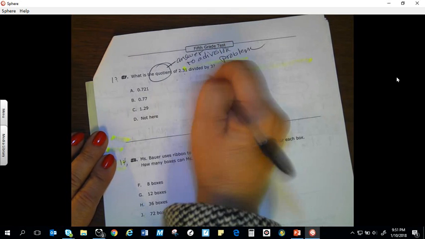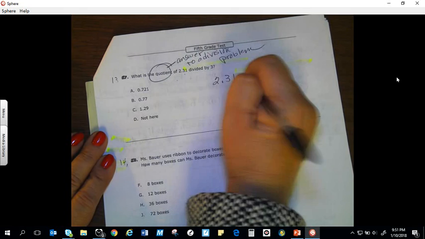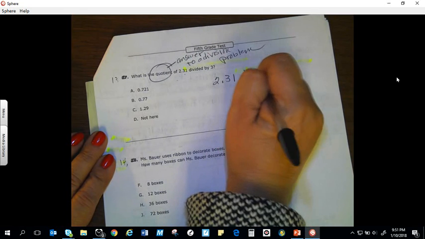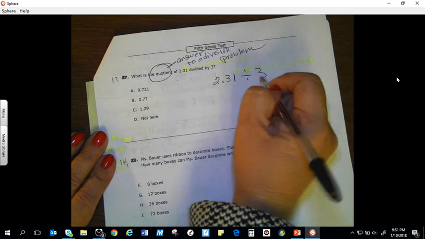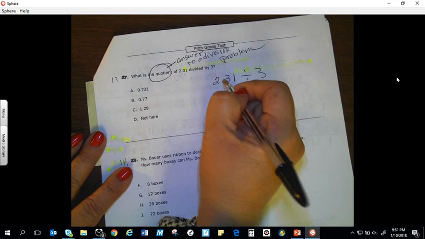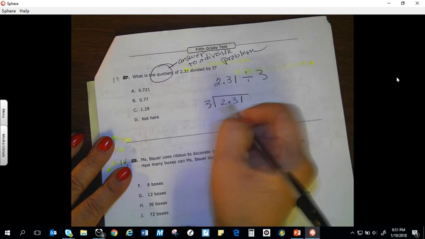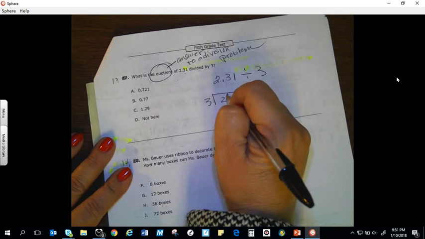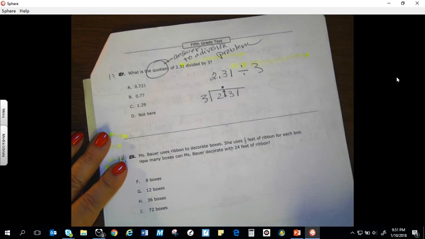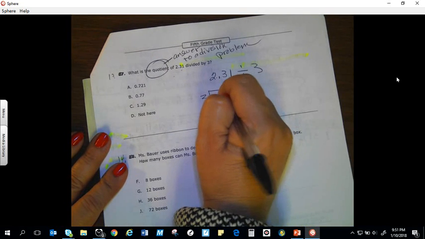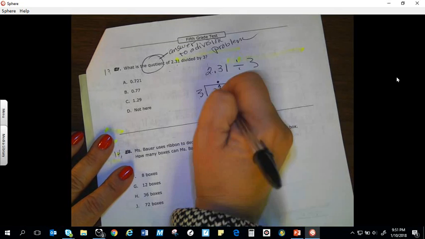So if I have 2 and 31/100 divided by 3, well, this is my dividend, my total. My 3 is my divisor. Again, first things first, take that decimal and put it right there into my quotient. Then I'm going to cross this out.